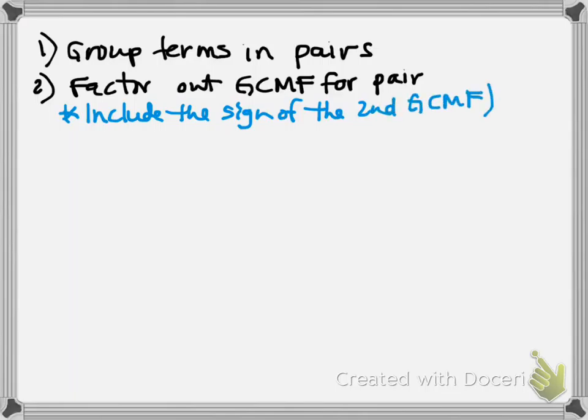That's really important. That's probably one of the most common mistakes: kids don't put the sign on that second GCMF, and then they don't know what to do, okay? But you got to pull out, it's either a plus or it's a minus. Factor out GCMF for each pair.